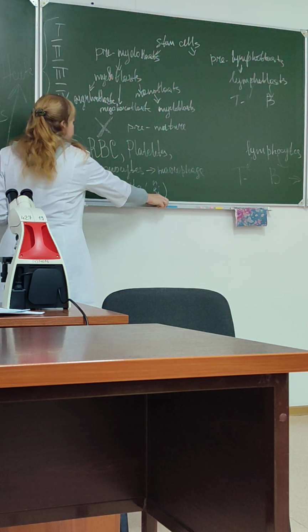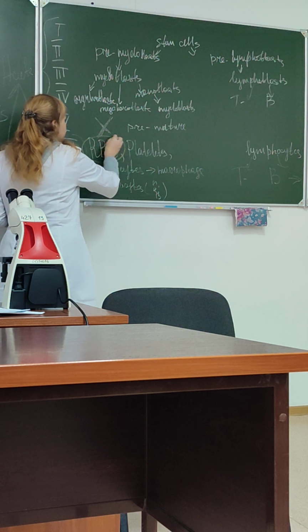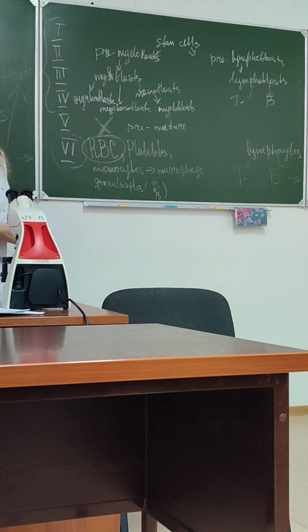The first syndrome: if red blood cells are absent, what is the name of the syndrome? Anemia. And what changes can be found in anemia? Pale skin.